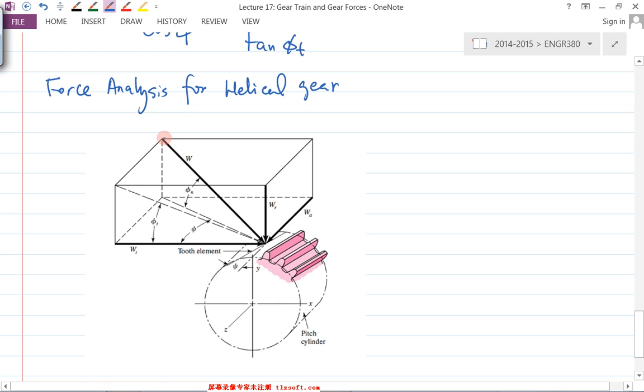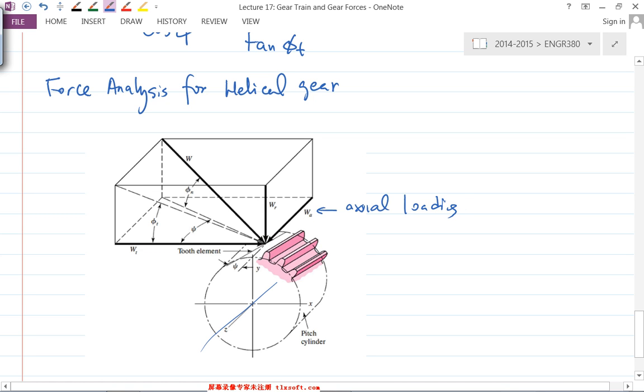So we can decompose the W into three different vectors. One goes down, that's the radial. The other goes horizontally, that's the tangential. And the other one goes in the same direction as the z-axis, or the shaft. So the WA right here is what we call the axial loading, WA.